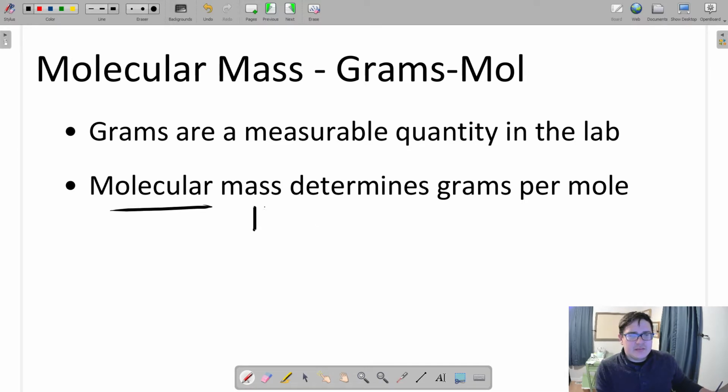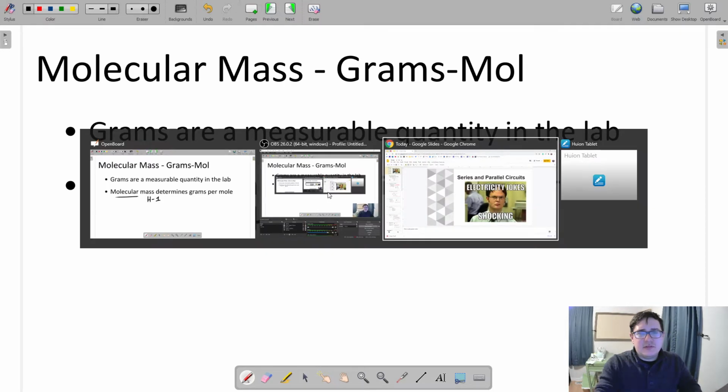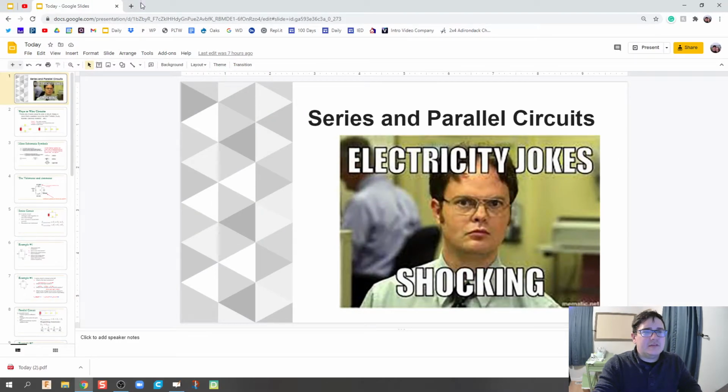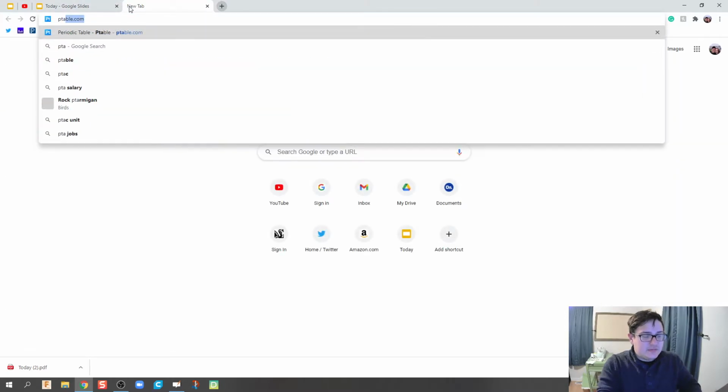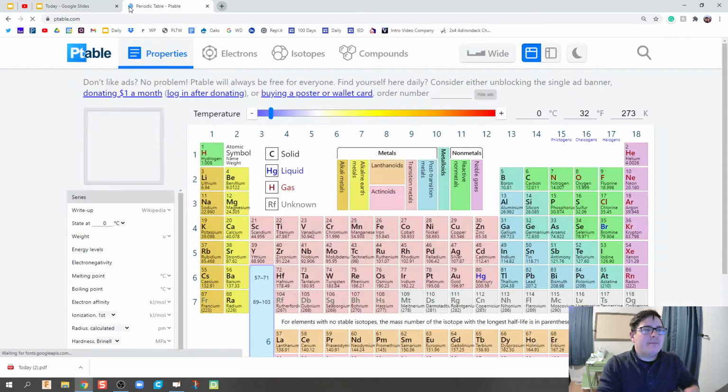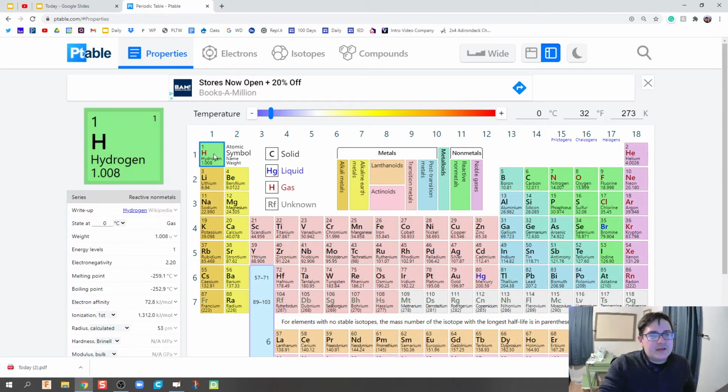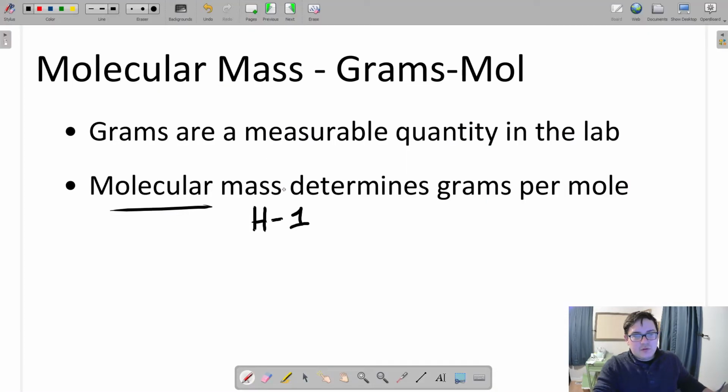So if we look at the periodic table and we find hydrogen has an atomic mass of, I'm going to use 1. Well, it's not actually just 1. So let's hop over to the Googles and let's see if we can unpack this just a little bit more. Looks at ptable.com. All right. Hydrogen actually has a mass of 1.008. So I'm going to use that number.